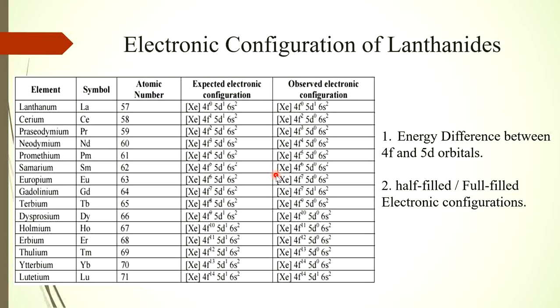In other words, in europium the 4f orbital becomes half filled, and in ytterbium the 4f orbital becomes full filled. So in these two cases, the stability of the half filled or full filled electronic configuration is playing the main role. So basically there are two reasons: the energy difference between 4f and 5d orbitals, and the second reason is the half filled or full filled electronic configurations.